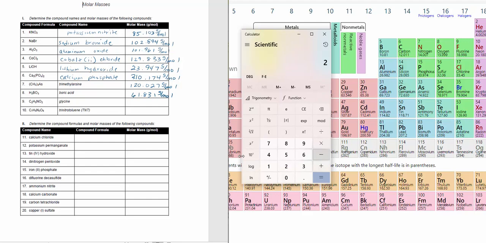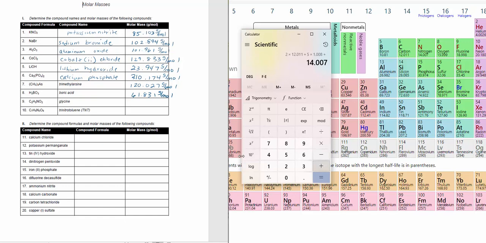Now, glycine, we have 2 carbon atoms. Carbon is 12.011 for its atomic mass. So I multiply the carbon mass by 2 because I have 2 atoms, plus 5 times the mass of hydrogen, 1.008, plus we have nitrogen. Nitrogen is found in row 2, column 15, and its mass is 14.007 on this periodic table.